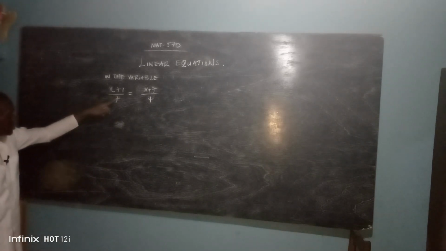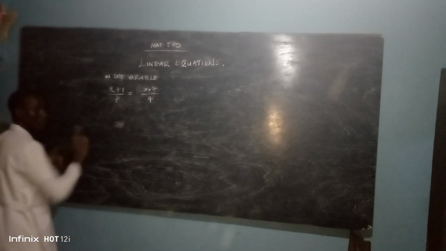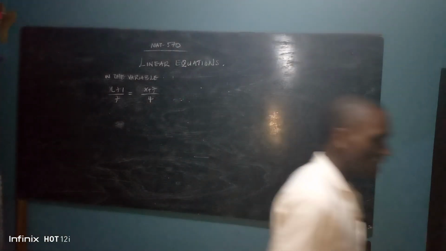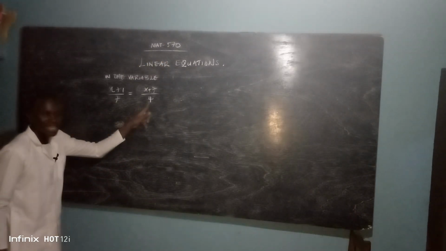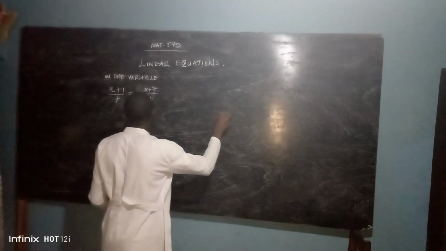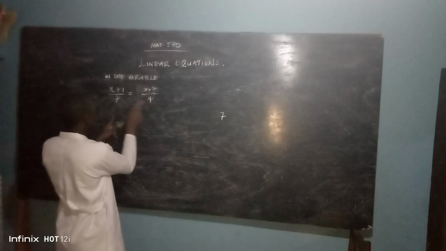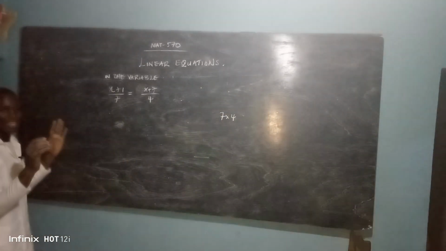Since you are seeing division here, I want to clear these two fractions in one step rather than going through a longer method. Since I have 7 and 4 here, to know what I will multiply both sides of the equation by to clear the two fractions at once, I'll simply take 7 times 4. I keep it like that.